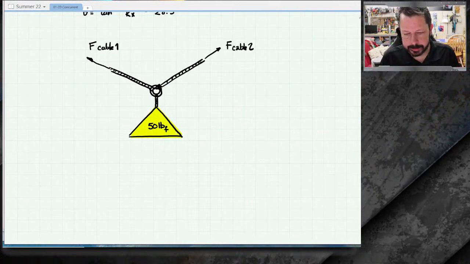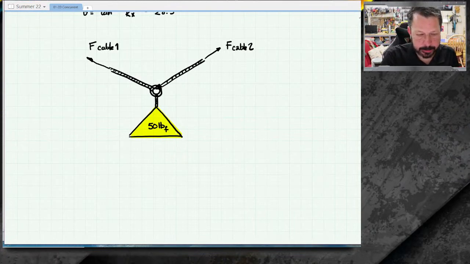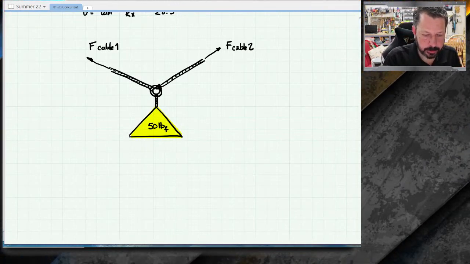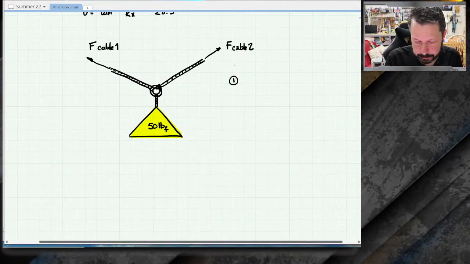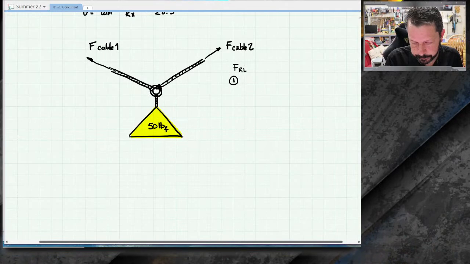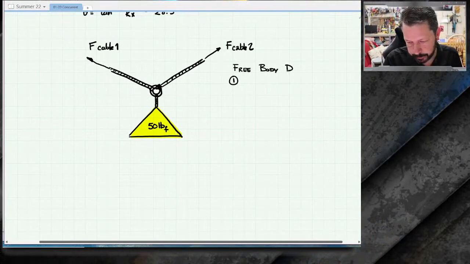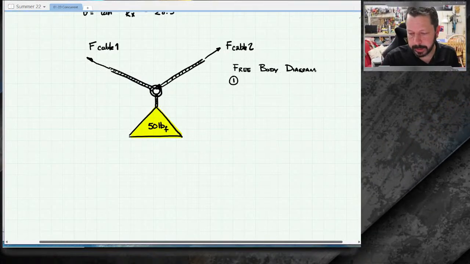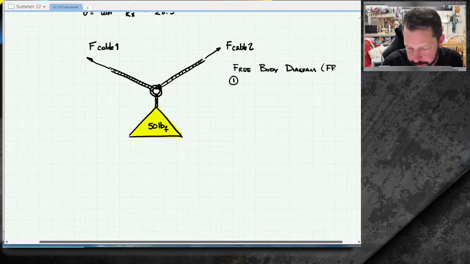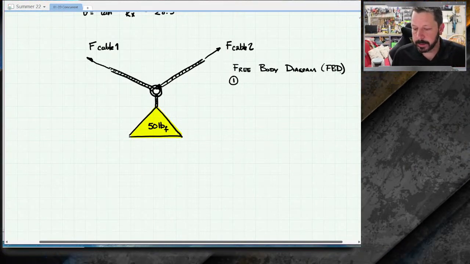And let's start drawing a free body diagram. So the steps to doing this would be that step 1 for a free body diagram, a lot of times I'm just going to write FBD for a free body diagram instead of spelling it out the whole time.